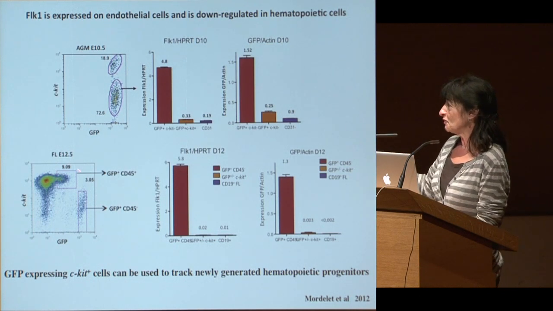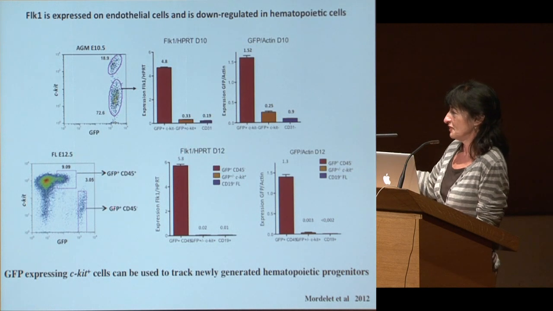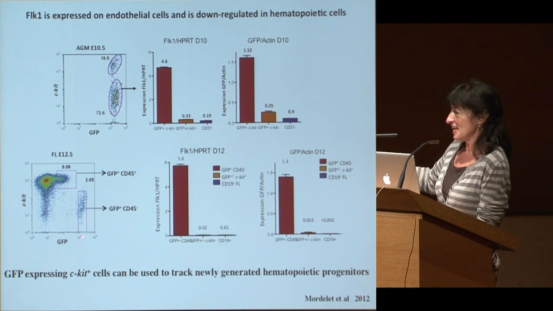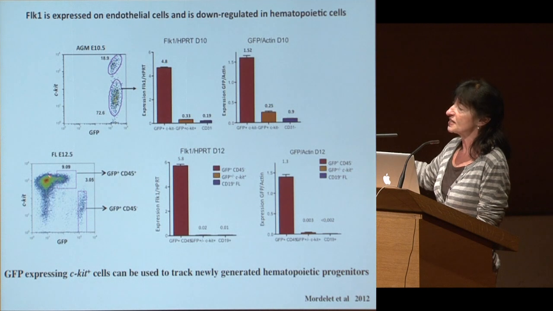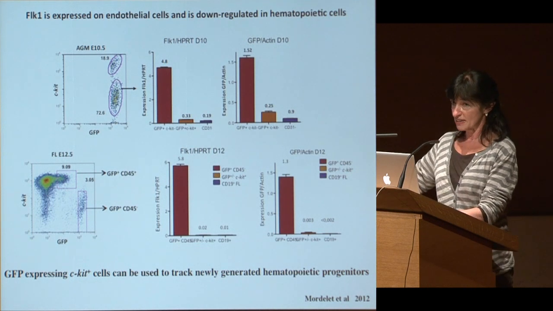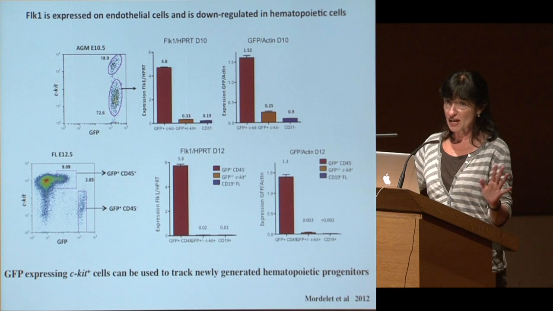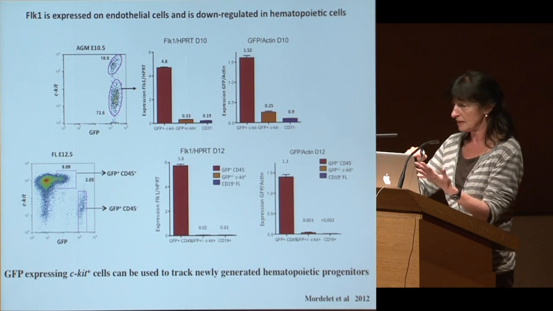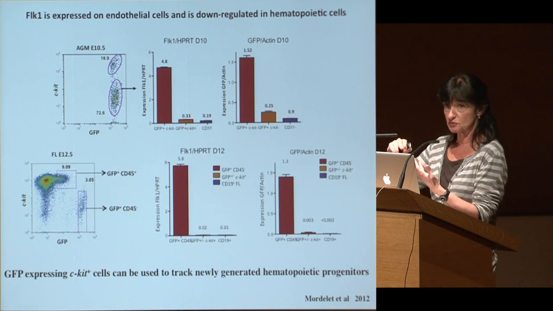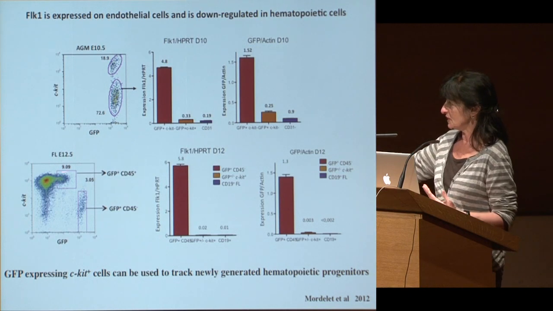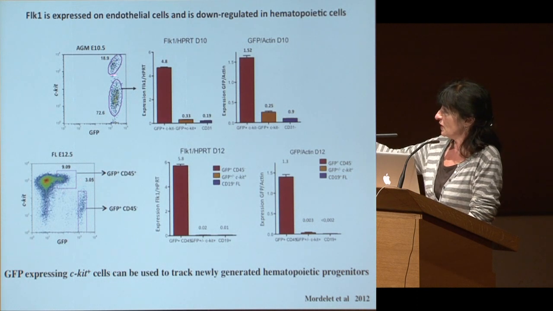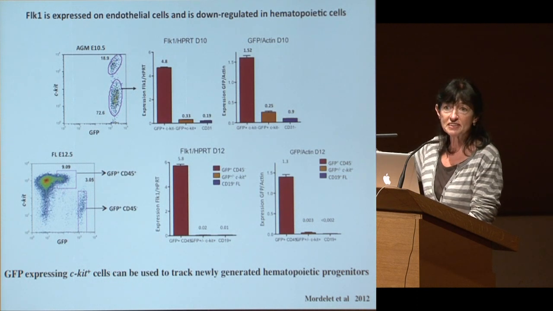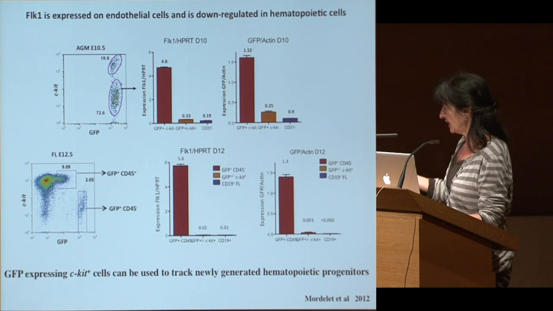And if you look at the fetal liver at day 12, you find the endothelial cells that express very high levels of GFP, and then another population that expresses lower levels of GFP. Those cells have all the markers of hematopoietic stem cells in the fetal liver, meaning they are KIT high, SCA positive, CD150 positive, and CD48 negative. And they have, of course, a little less GFP than the ones that you find at day 10, because in the meantime they divided already, and probably the protein decayed.